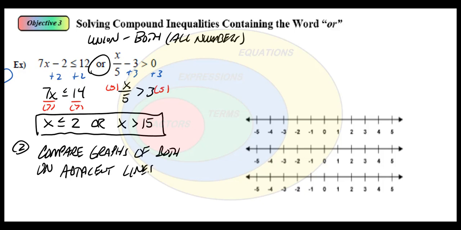So number lines that line up. So over here, we're just going to graph each one of them. x is less than or equal to 2. So here's 2. Less than or equal to 2 would be a solid circle and everything to the left.